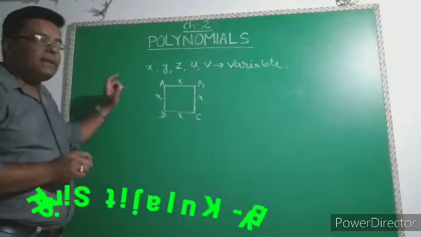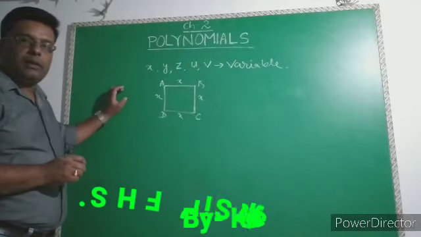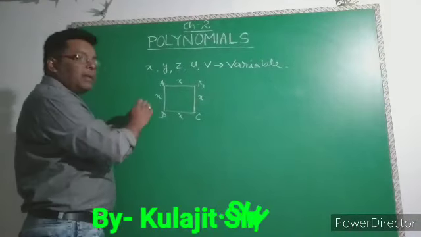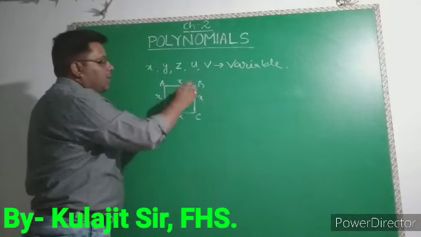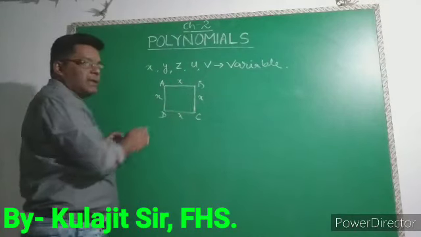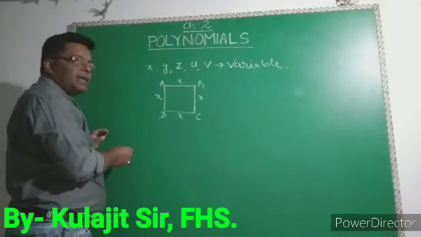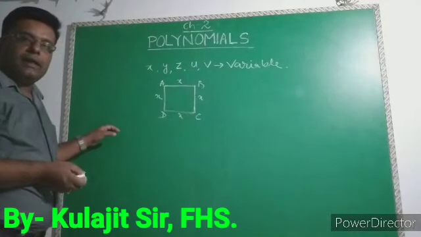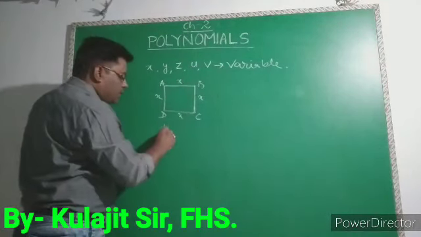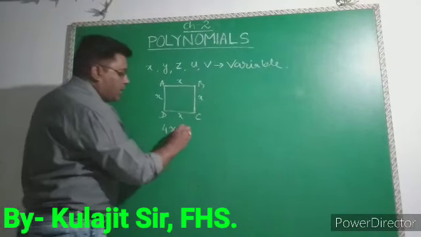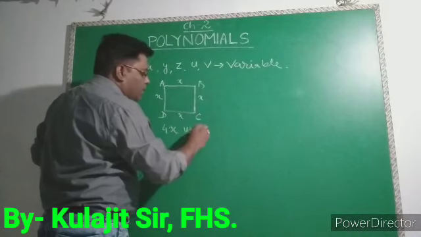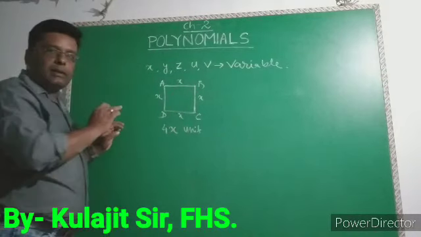Now, what is the perimeter of this square? Perimeter means the sum of the sides. So AB plus BC plus CD plus DA, that is x plus x plus x plus x units. That is, we have here 4x units.